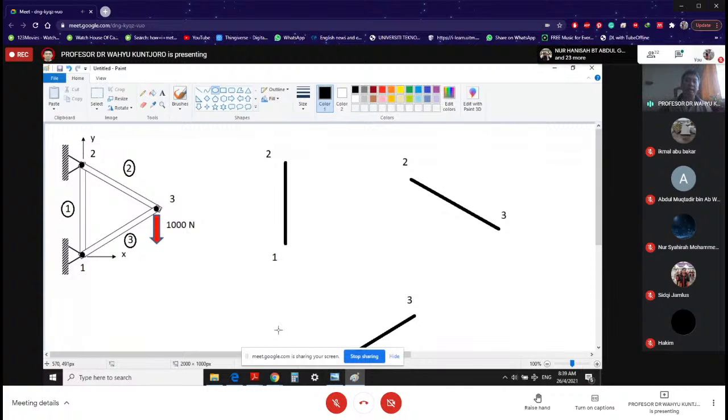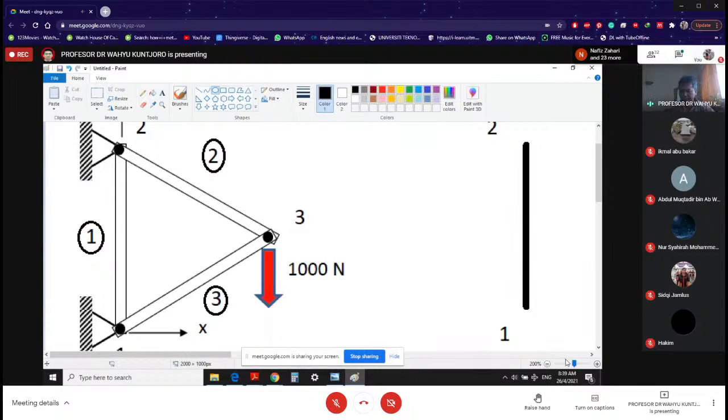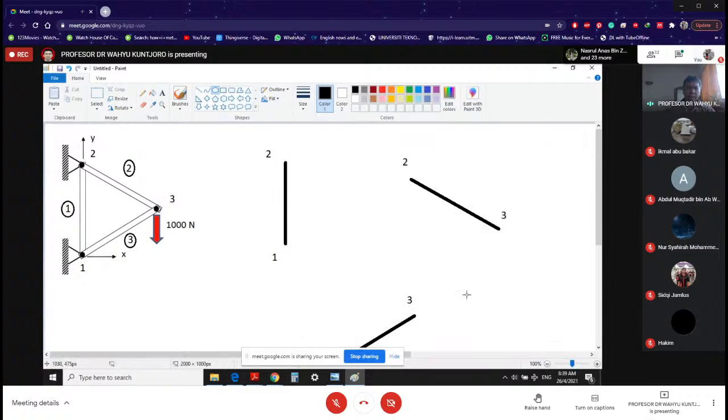All right, so what you have there on the screen is the same structure on the left. That is your structure on the left, and that is the way I do my finite element modeling, the numbering. Your answer might not be the same as what we have there on the screen.